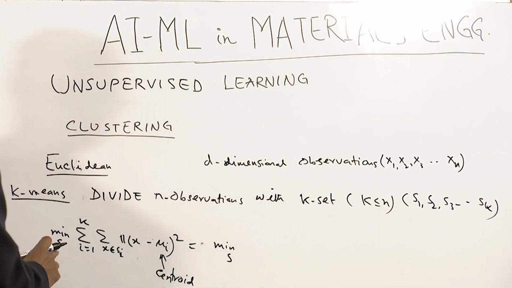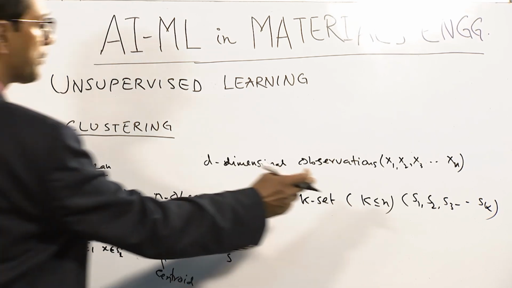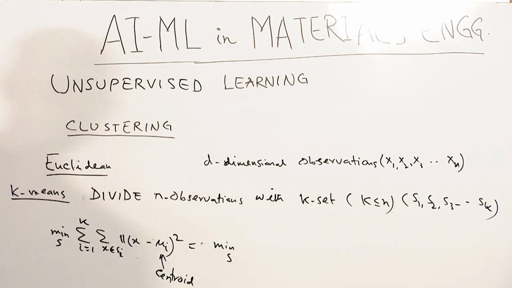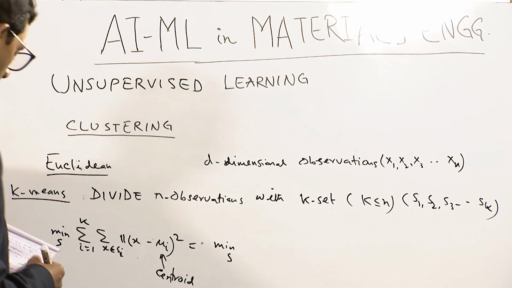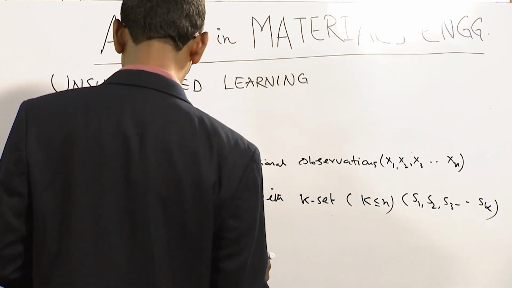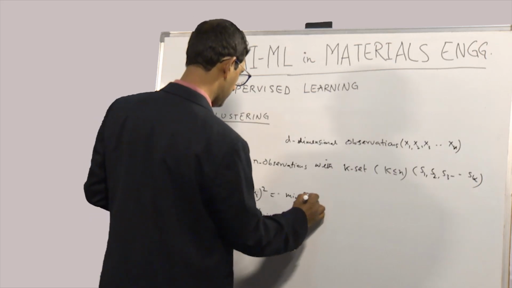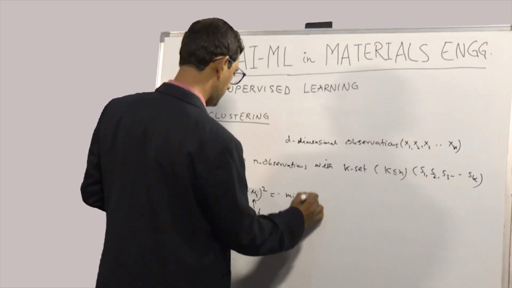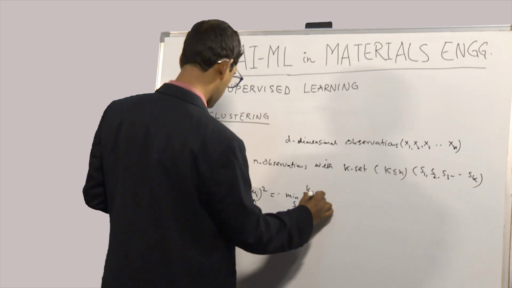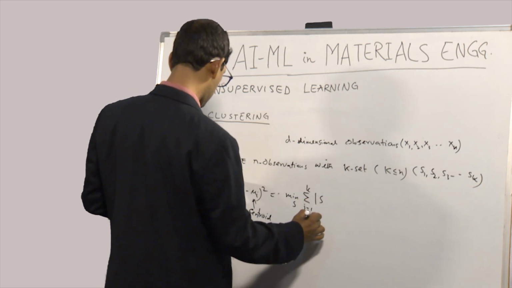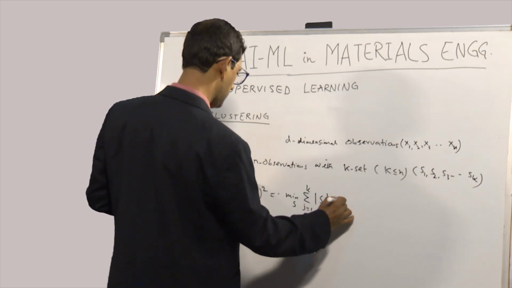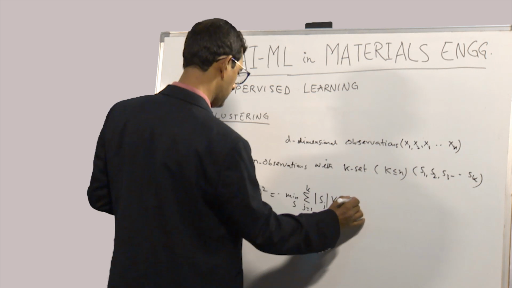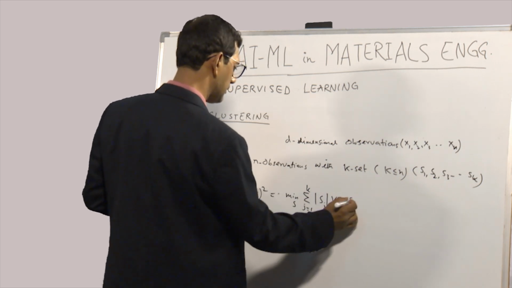Remember what we are minimizing? We are minimizing S, the number of sets. That is what we are minimizing, right. And minimizing how? By looking at this distance. That is equal to the sum over j from 1 to k, right.